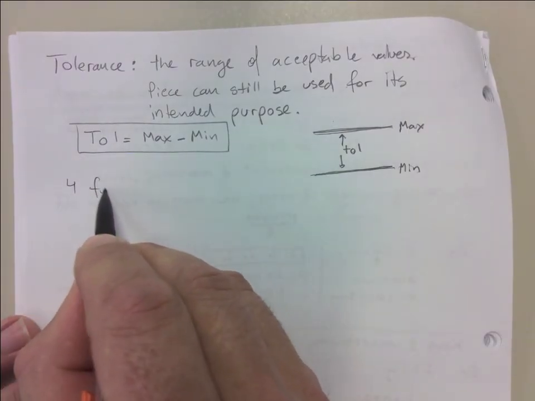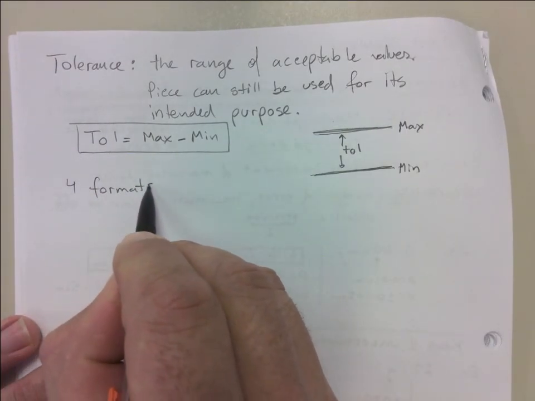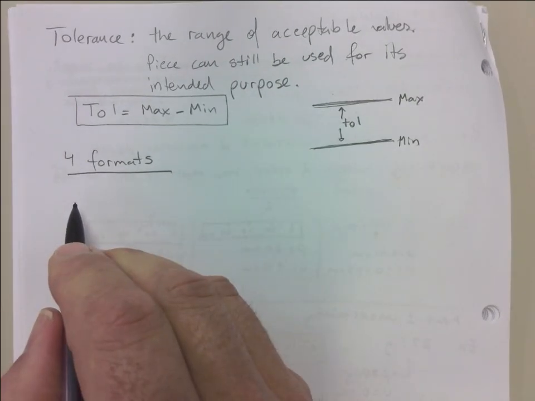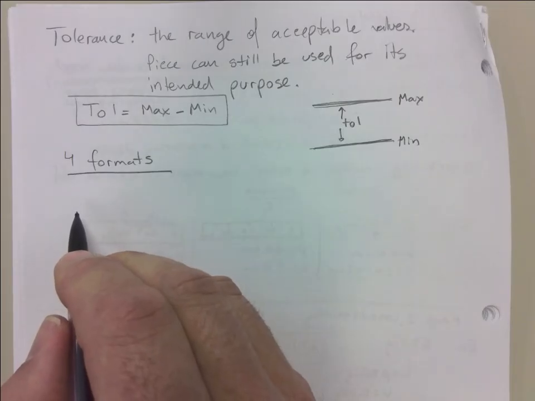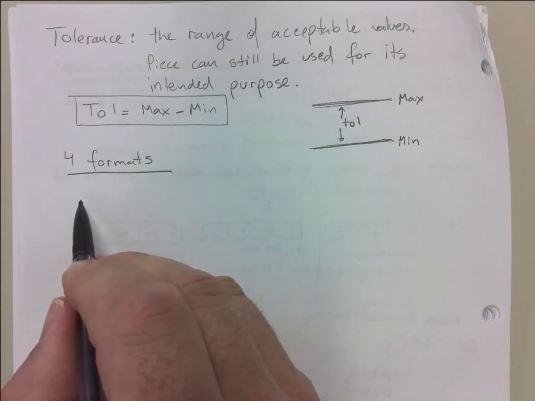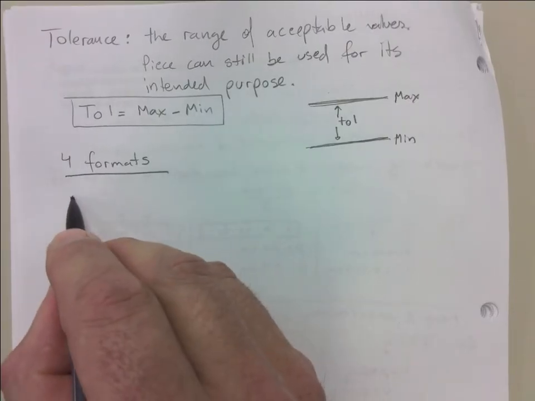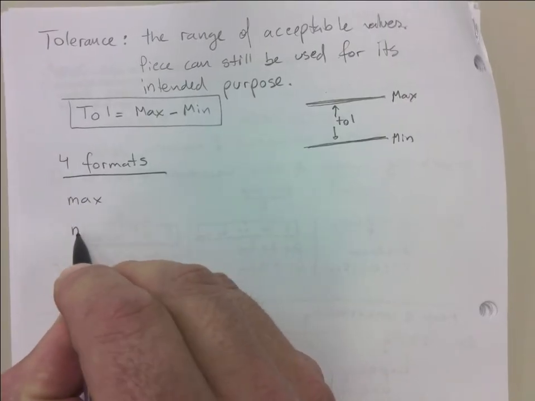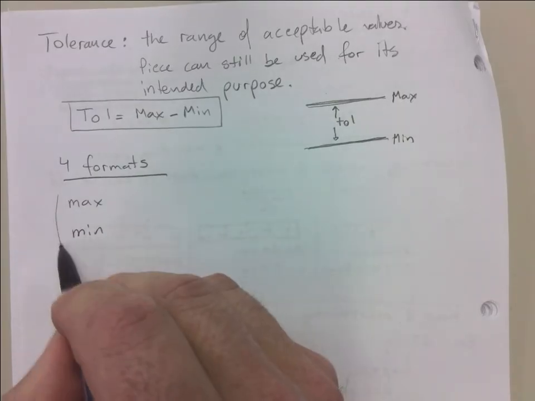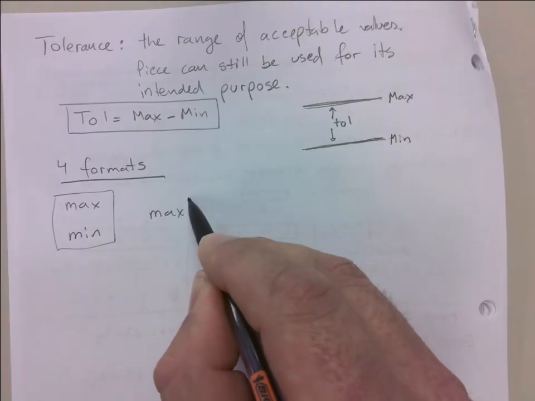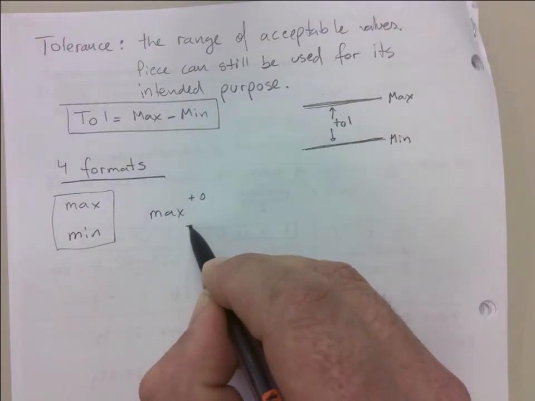There are 4 formats that we kind of followed. Okay, I'm going to say this, guys. These 4 formats are just in case I ask you to rewrite it in a certain way. But I will show you what I mean by that in a bit. Max, min is the one. That's one format. The other one is max plus 0 minus tolerance.